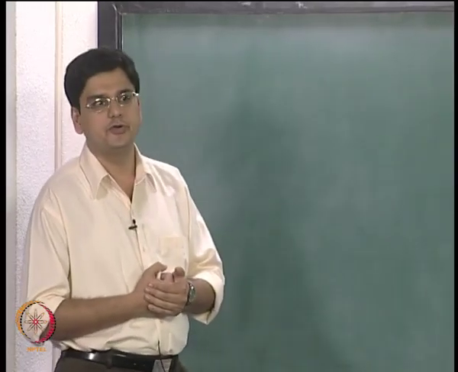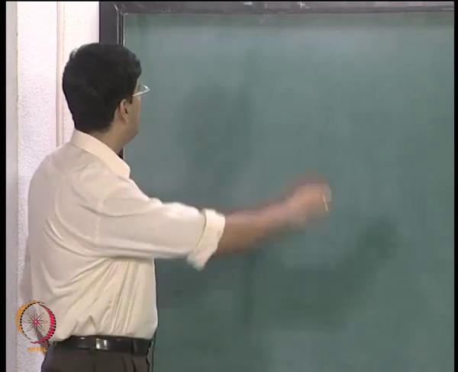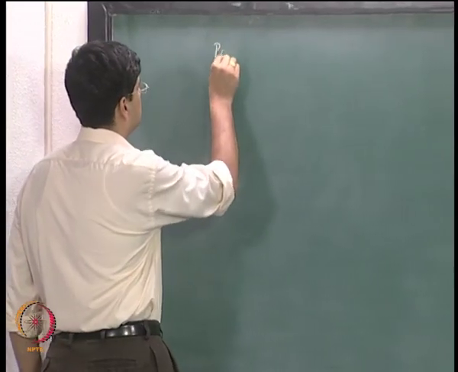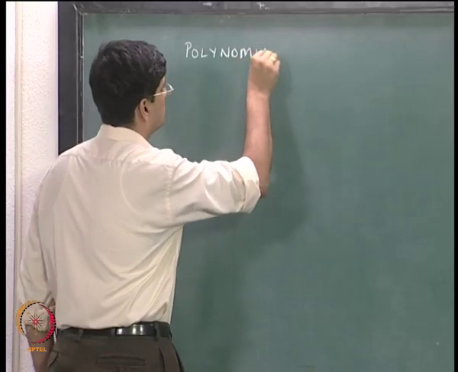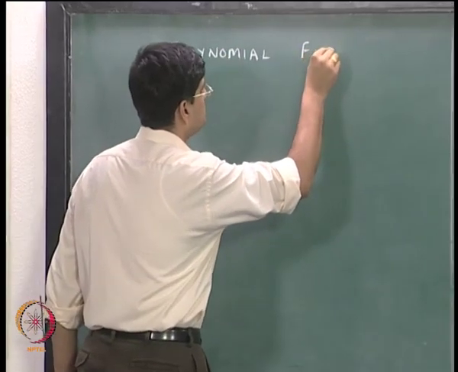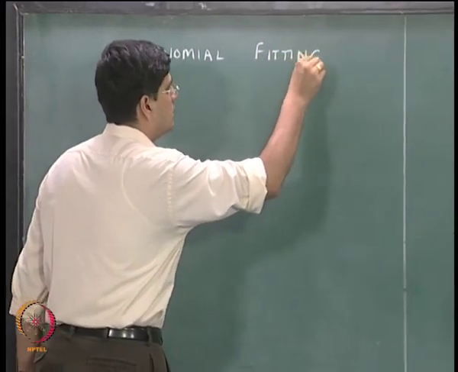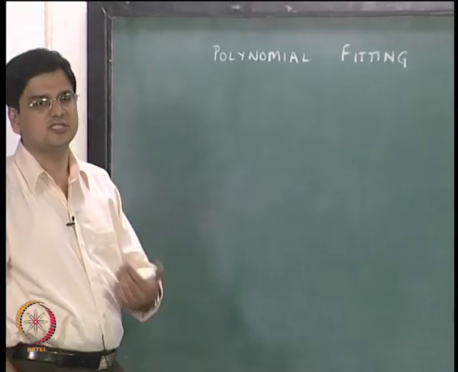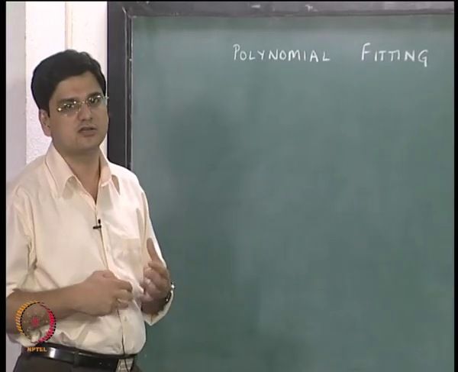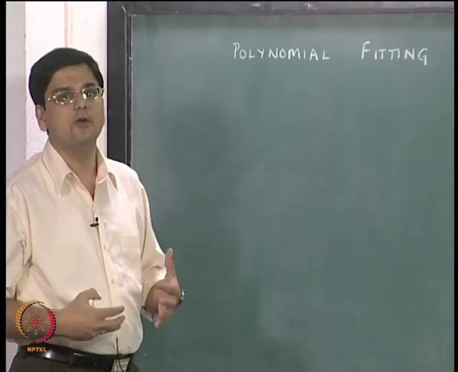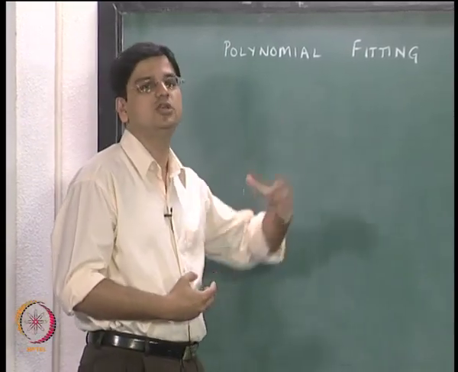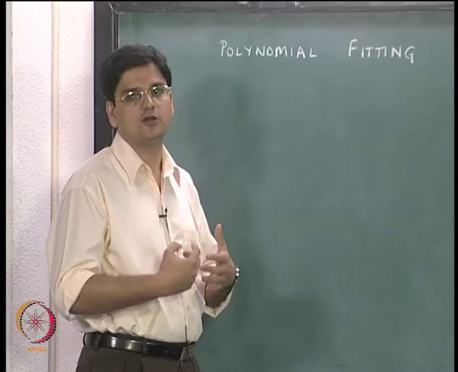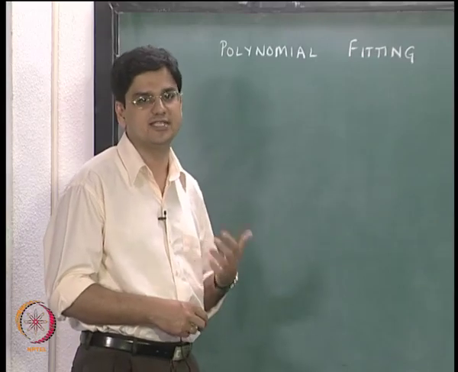What we are going to do today is look at polynomial fit and fitting of some functional forms which are essentially non-linear functions, but which we can linearize and then go ahead and use linear or multilinear regression in the same form.